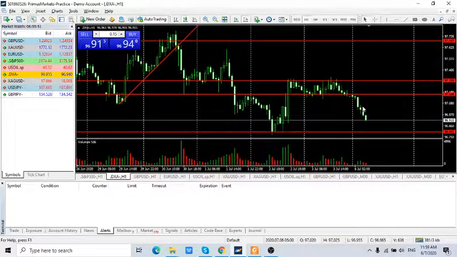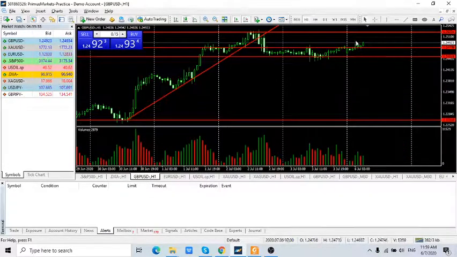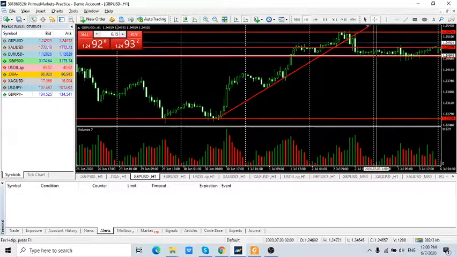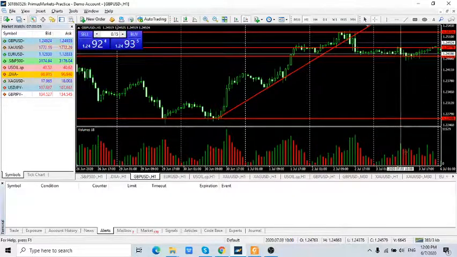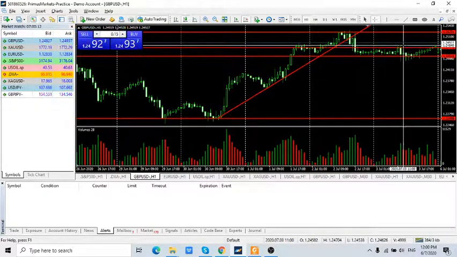We will also see that the UK pound was not moving much last Friday. Last Friday the UK pound was very quiet in the Asian trading session, and towards 1000 hours plus 5, which is 15, or 3 p.m. local Singapore and Malaysia time, the UK pound dropped from 1.2492 to a low of 1.2437.